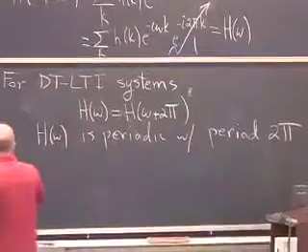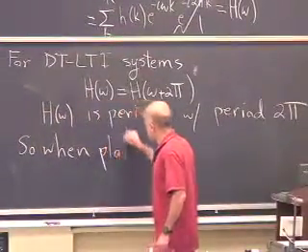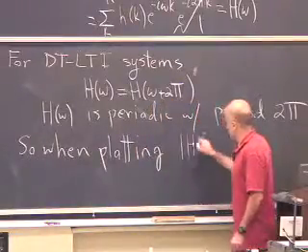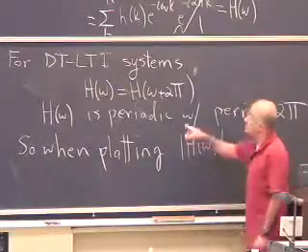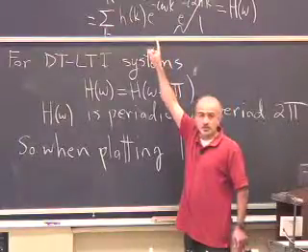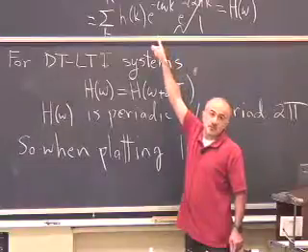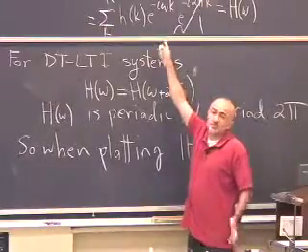Okay, so when plotting things like the magnitude of the frequency response, notice H of omega in general is a complex valued function. For some systems, for some impulse responses or time domain signals, it may turn out to be real.